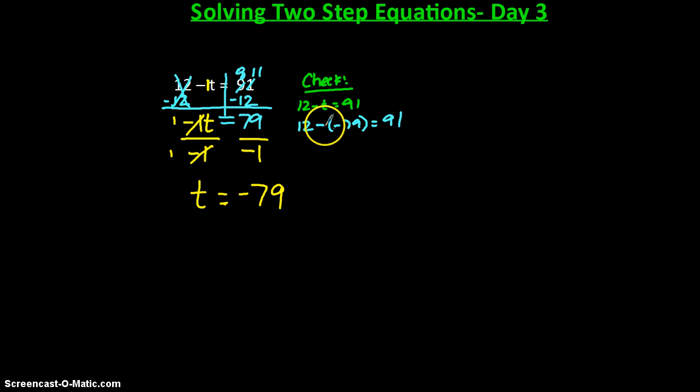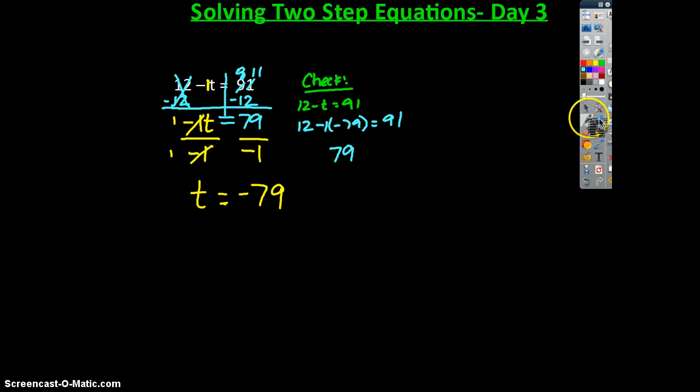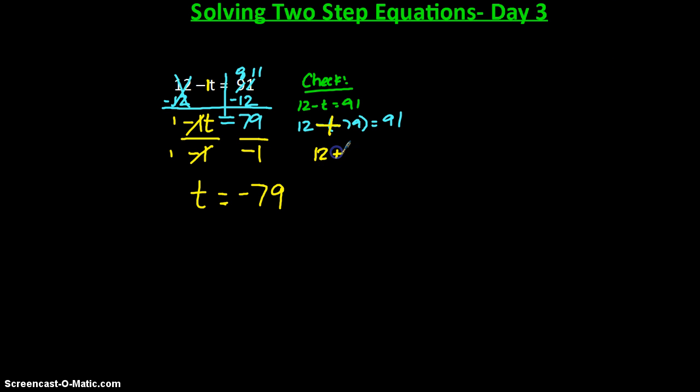We'll either say, hey, that's negative 1 times a negative 79, which is positive 79. Or sometimes they'll look at it and say, look at that, I have two negatives back to back. That means I'm actually adding that, which in this case would turn into 12 plus 79 equals 91. 12 plus 79, again, is 91. Is that equal to 91? It is. Therefore, I'm correct.